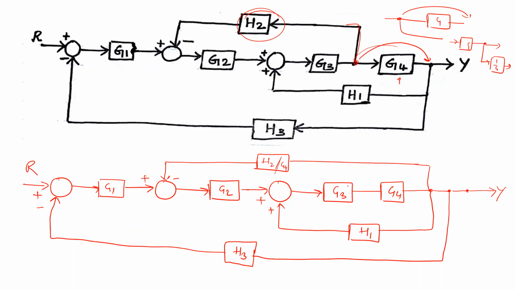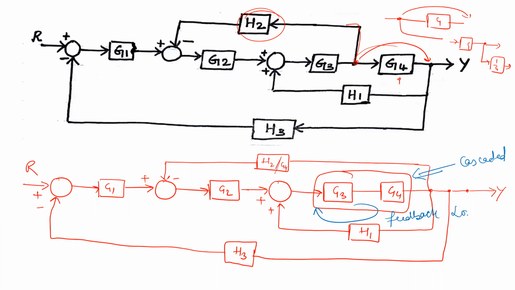Now, as you can see here, these two are now in cascade. They are cascaded. And this is a feedback loop.